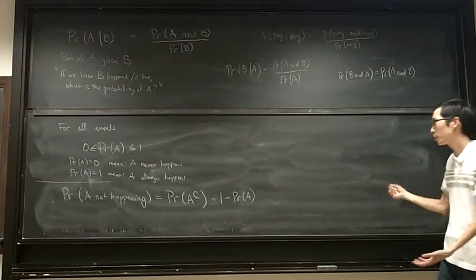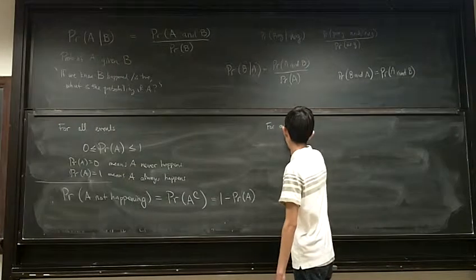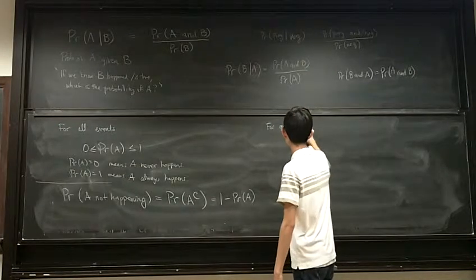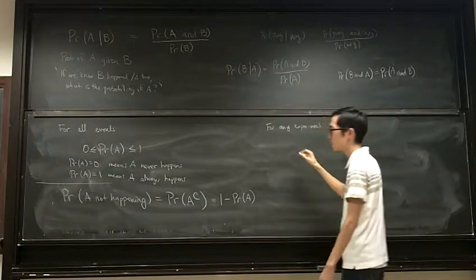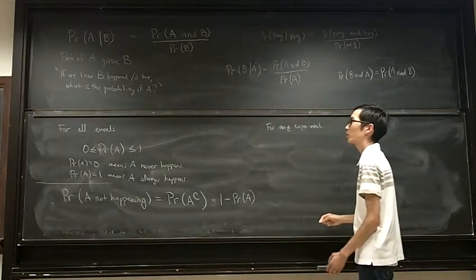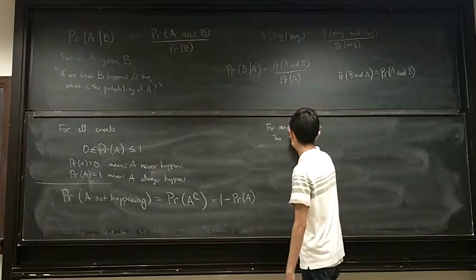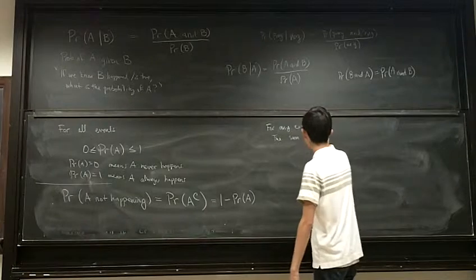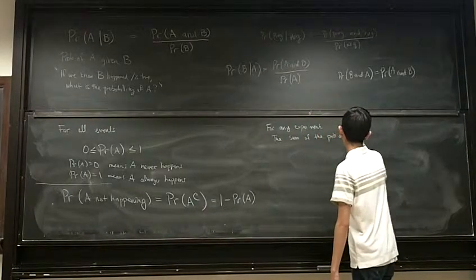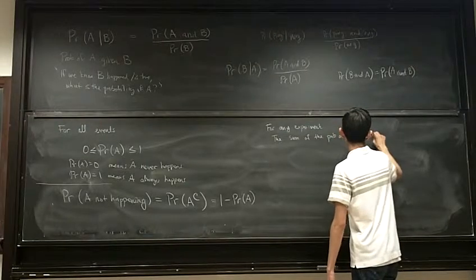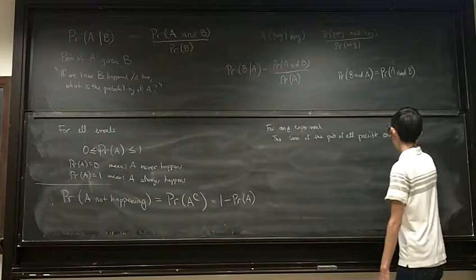For any random experiment, okay, the sum of the probability of all possible outcomes is what?